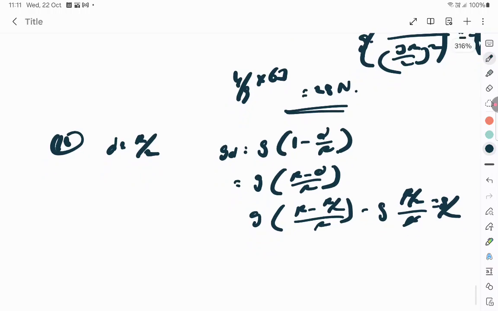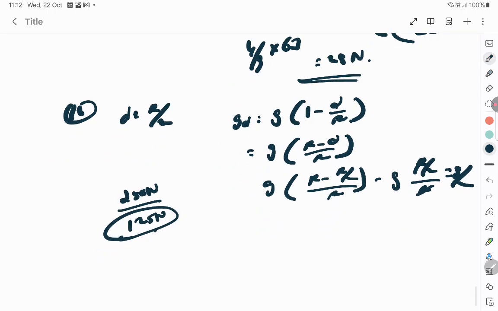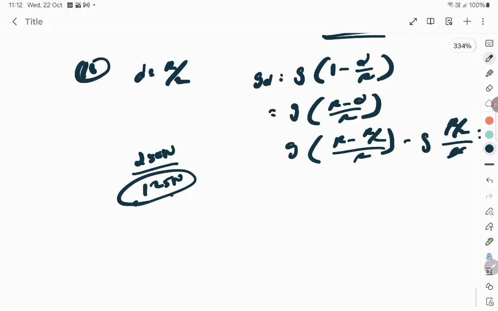So if a body is going to weigh 250 newtons, since the gravity is getting halved, it's going to weigh only 125 newtons at that particular depth. Okay, so that answers this question.